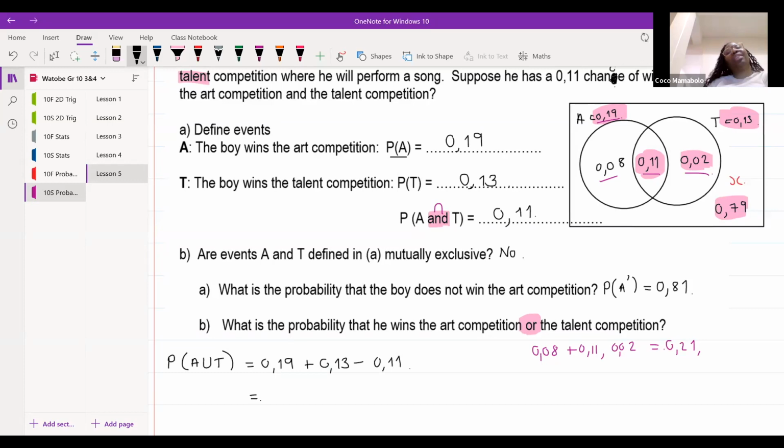If you add all of those together, they will also give you 0.21. Give me a thumbs up, peeps, if we're okay with the exercise we've just done.